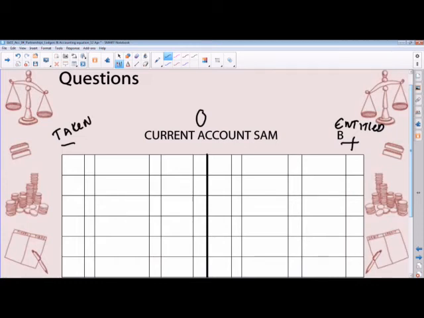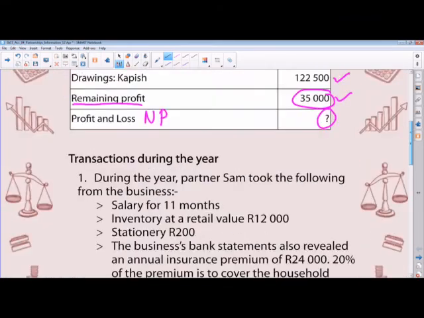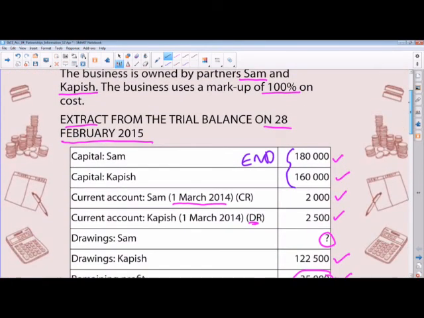Okay, with me. Right, so let's draw up this current account. Again, let's try and work together. We're going to start off by bringing down the opening balance for partner Sam's current account. So if we go back to our information, our trial balance, the current account for partner Sam is a credit balance of 2,000.